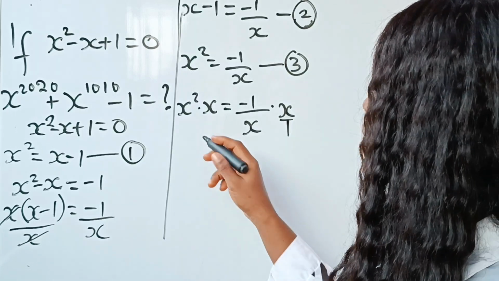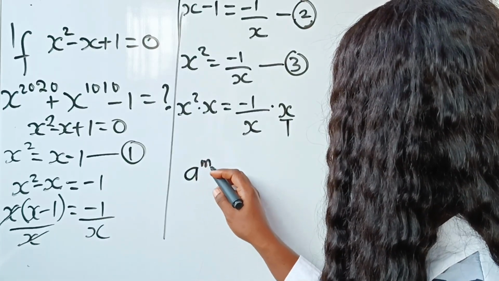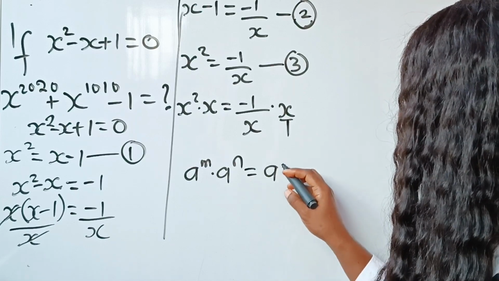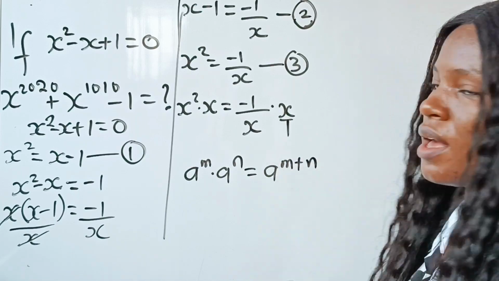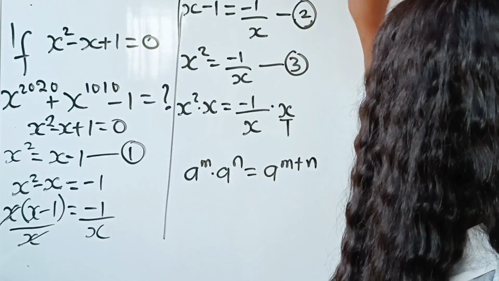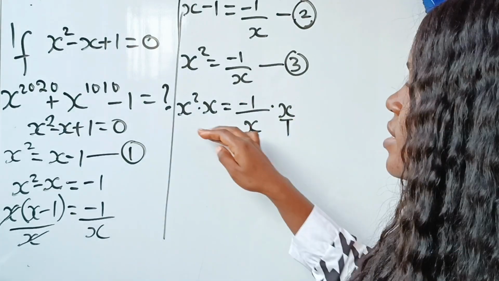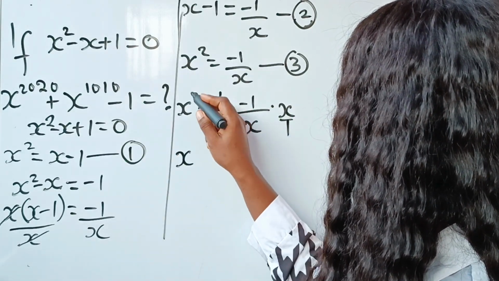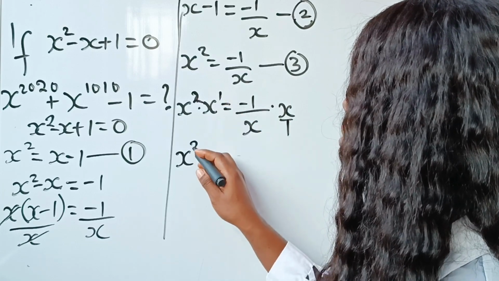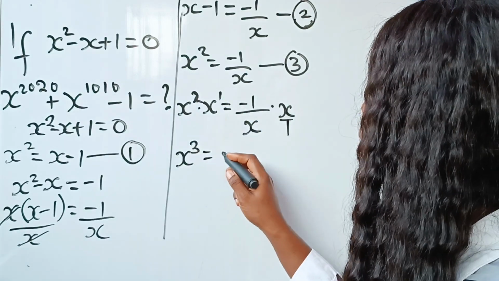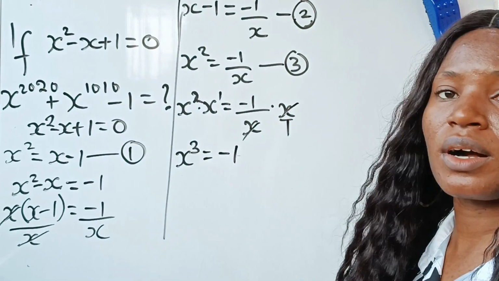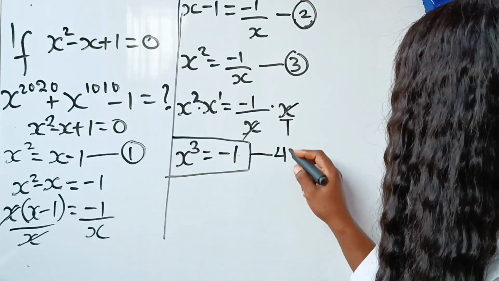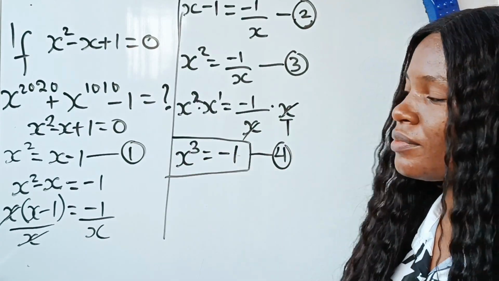When you have a to the power of m multiplied by a to the power of n, this is equal to a to the power of m plus n. So we can write this as x to the power of 2 plus 1, because this is 2 and this is 1. x to the power of 3 is equal to minus 1, because this will cancel this. This is another important equation. Let's call it equation 4.